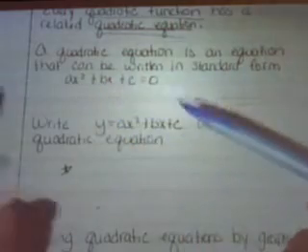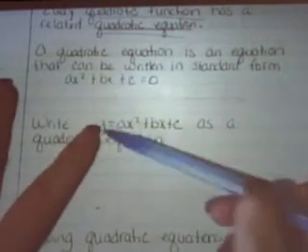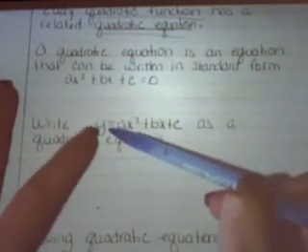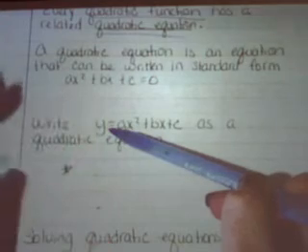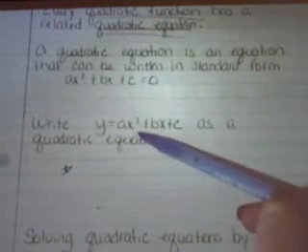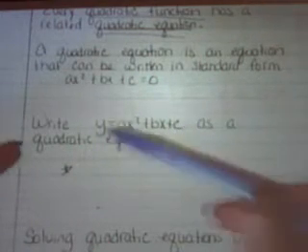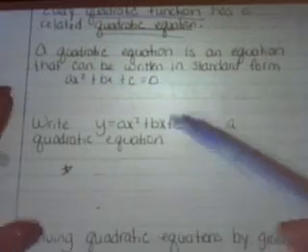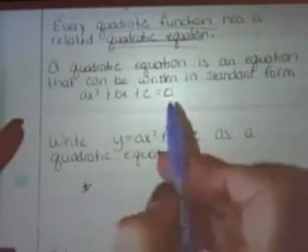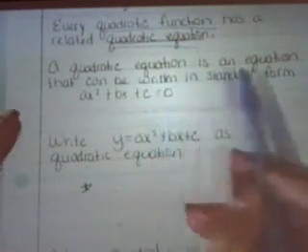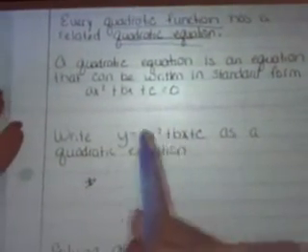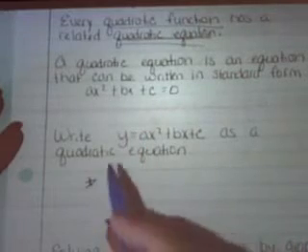Here, they want us to write this quadratic function, y equals ax squared plus bx plus c, as a quadratic equation. It's a function because we have y equals. You can see in the equation it's set equal to 0. Therefore, our quadratic function has to be set equal to 0.